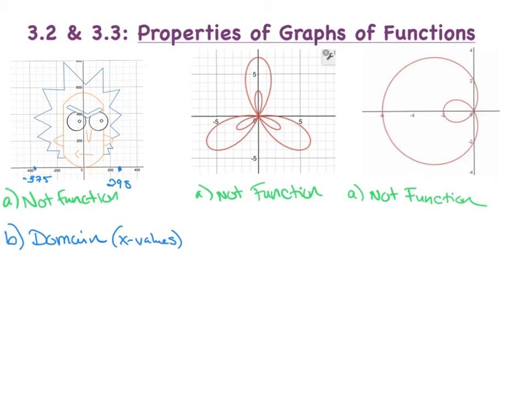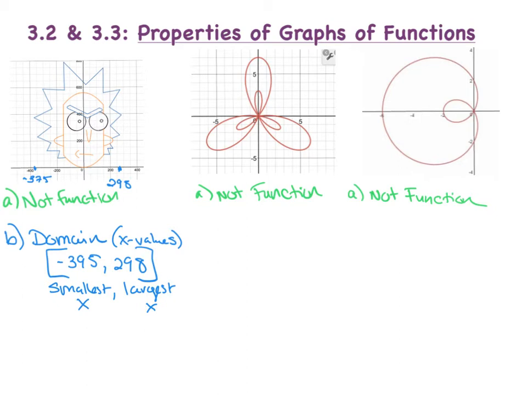Okay, so our x values for this angry gentleman go from negative 395 is the smallest x, and they go up to 298, that's the largest x, and they don't have any open circles at negative 395 or at 298. So they include those x values, so I'm going to put brackets at each of those.